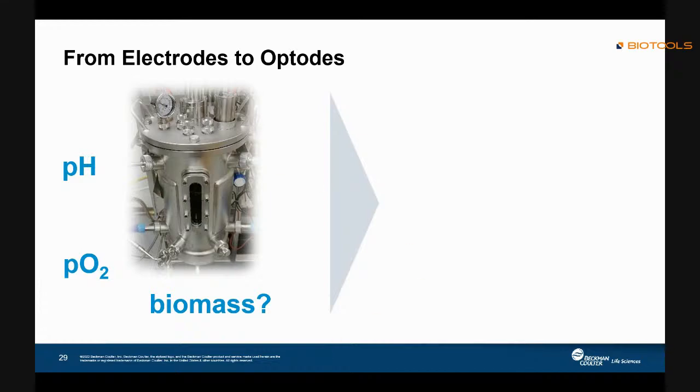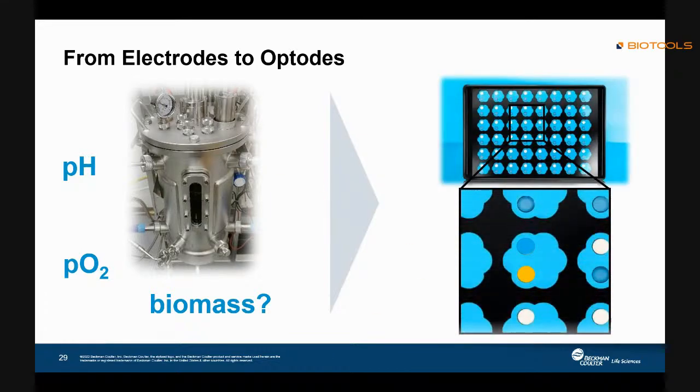But from us, this is the well plate, and if we magnify the well plate, you can see that the bottom of every well is actually a transparent part, and we can check different parts of what exactly we're measuring, and this is what we call the optodes.